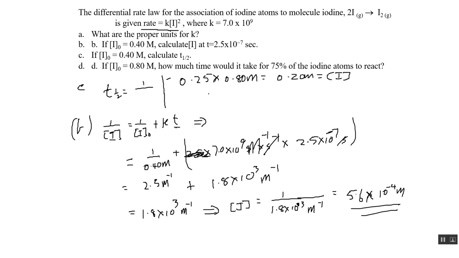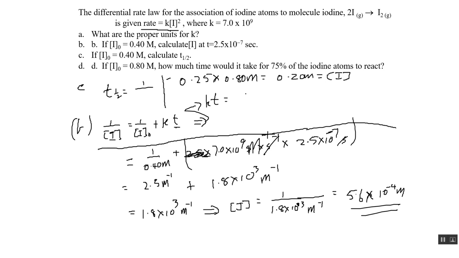So therefore, going back to this equation here, in fact, let me just put a line right here. Going back to this equation here, we can say that t is what we're trying to find.